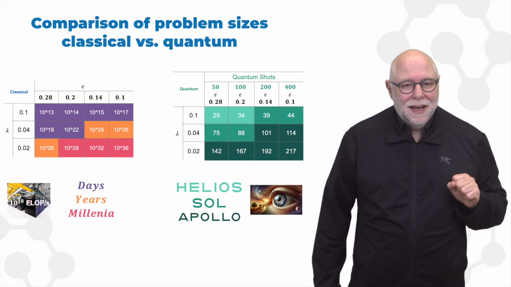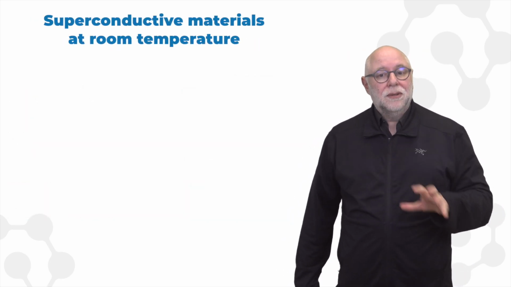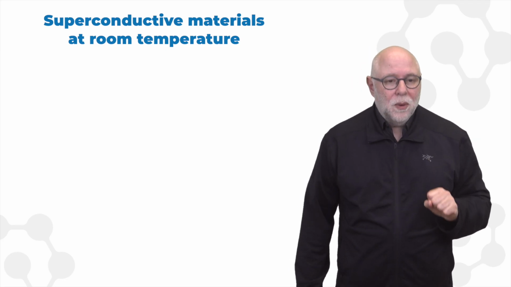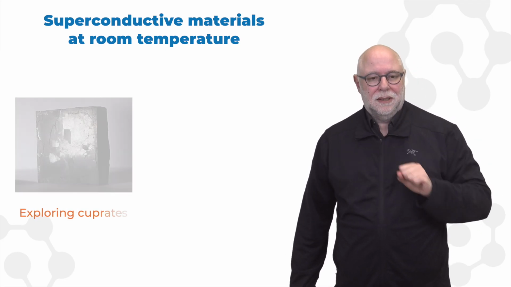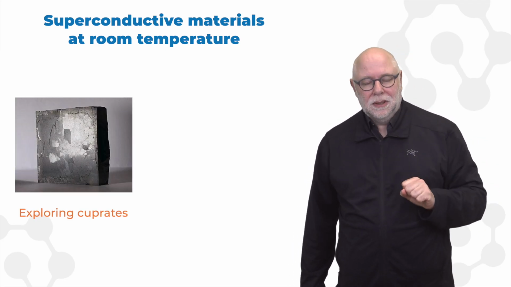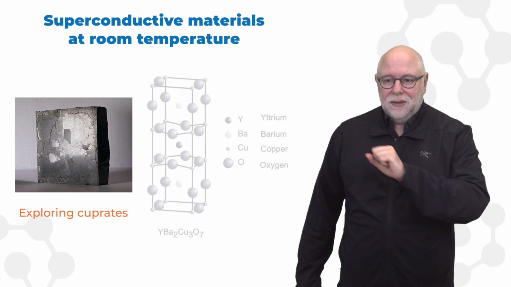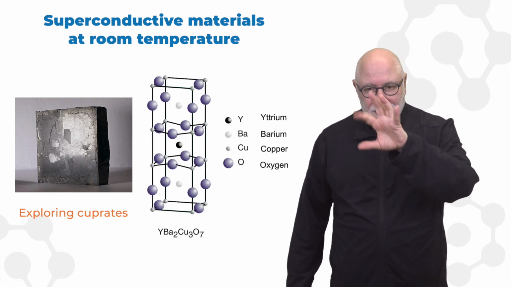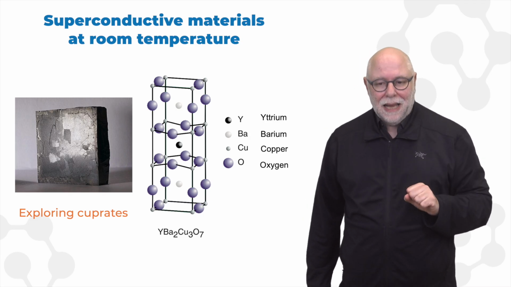The other problem I want to discuss is that of superconductivity for materials at room temperature. One of the things that people are exploring are cuprates. Cuprates are crystals that consist of yttrium, barium and copper atoms, and sprinkled in this crystal are oxygen atoms.